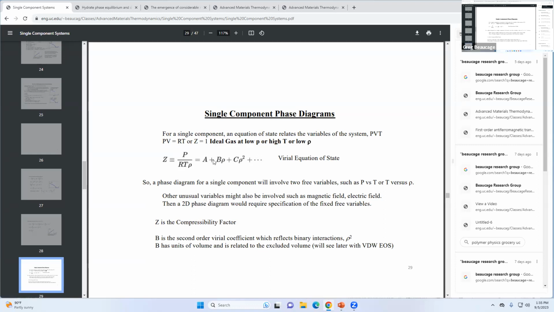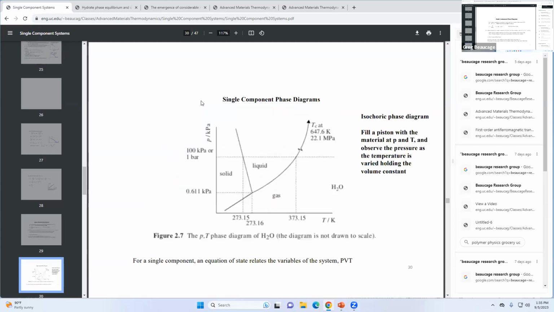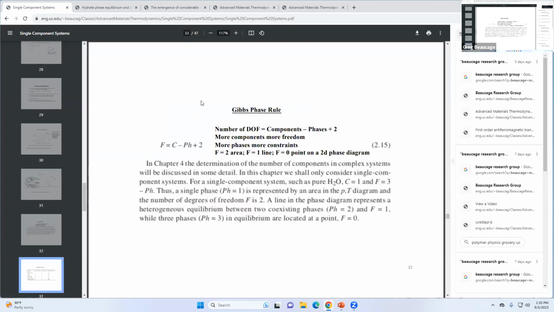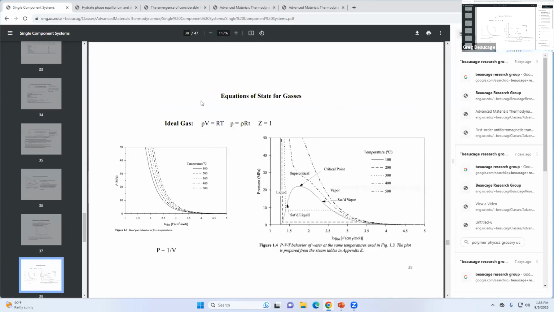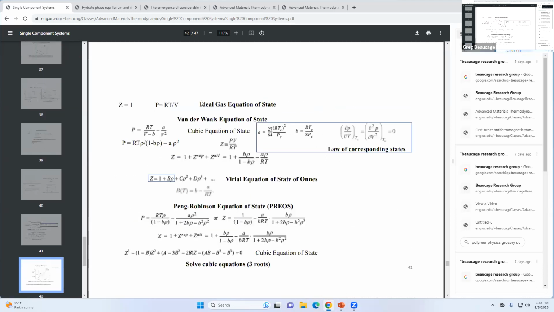B is pretty simple to understand. It's just kind of the excluded volume, right? What you can do is take the van der Waals equation. So we have the ideal gas law, PV is RT. You have excluded volume, which increases the pressure.